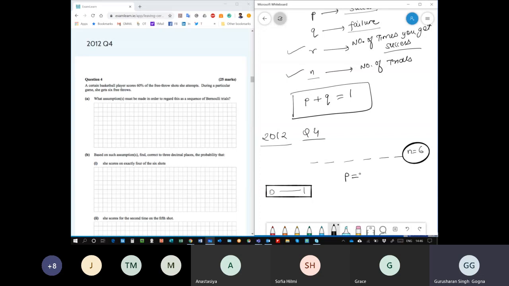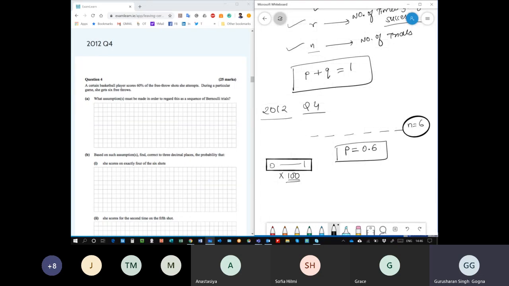So 60%. I told you that probability you can convert into percentage if you multiply by 100, isn't it? So if it is given in percentage, which is 60%, you can work backwards, which means you can write it in decimal form, which is 0.6. So the probability of success is 0.6.